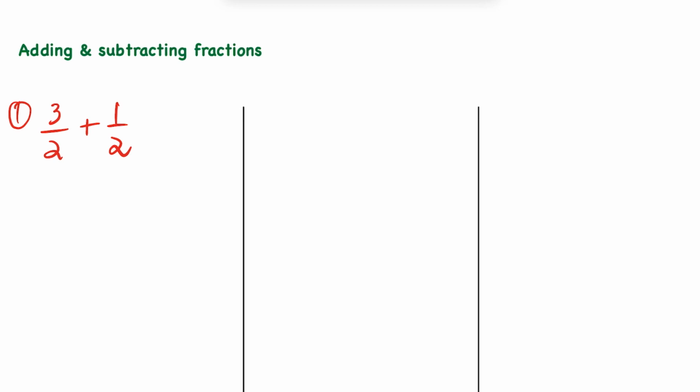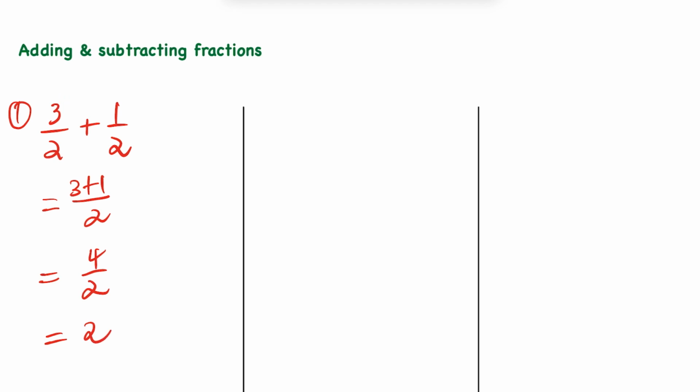Here both denominators are 2, so you take one denominator there, and then you add the numerators. It's going to be 3 plus 1, that will make 4 over 2, which is 4 divided by 2 is 2, right?